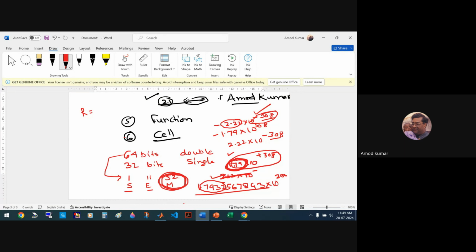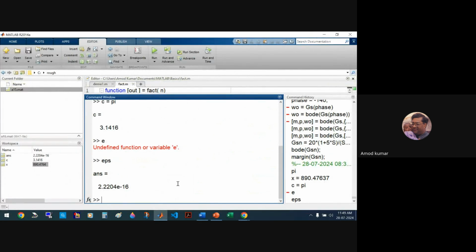It's like that only. Nobody can do anything for that. Monitors are meant to show only this because the memory of the monitor is limited. Memory of the computer is not limited, but memory of the monitor is limited.